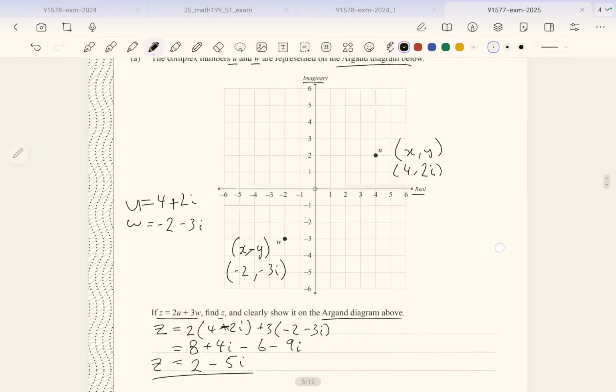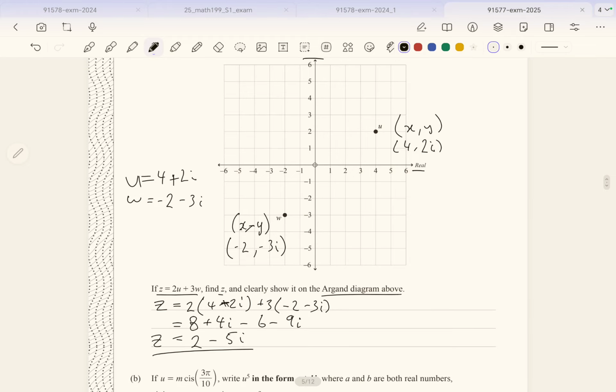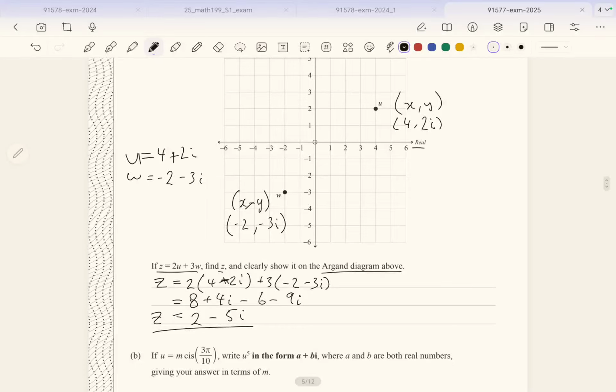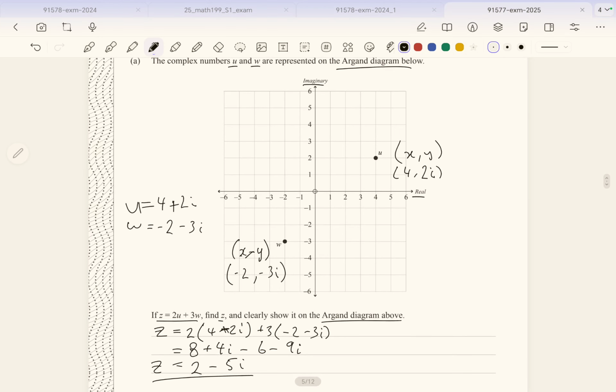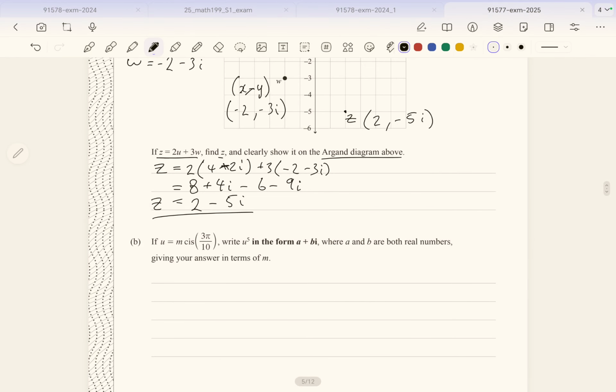Looking back on the Argand diagram, 2 will be our point on the real axis and -5 will be the point on the y-axis. So at the point 2, -5 will be z, 2 - 5i. And that's that question done.